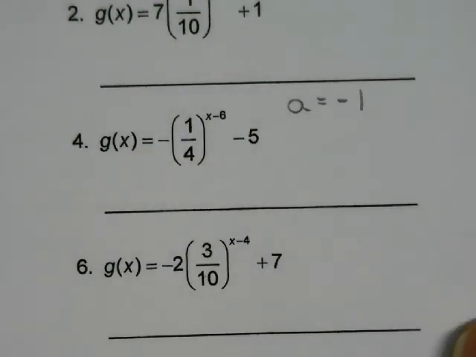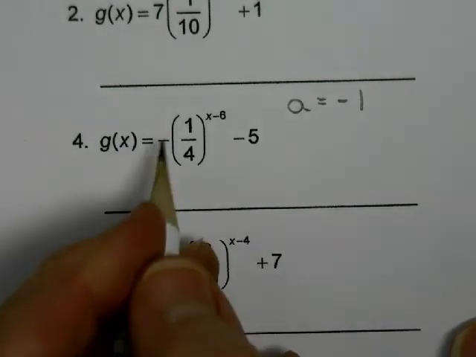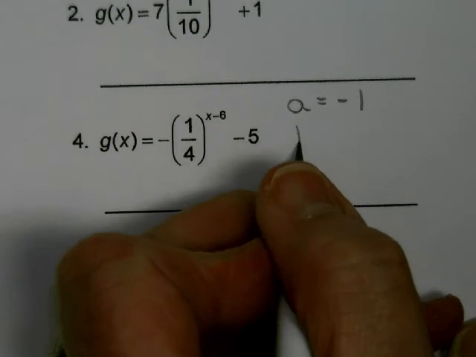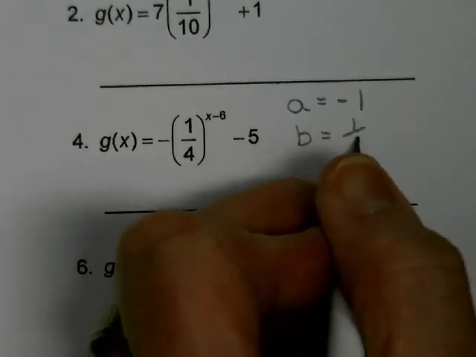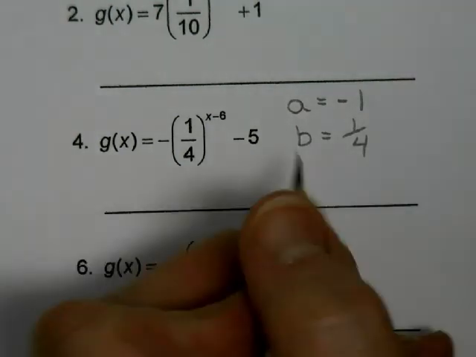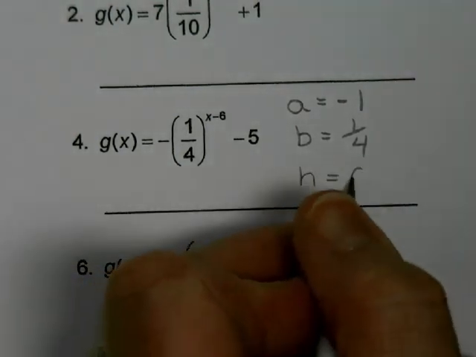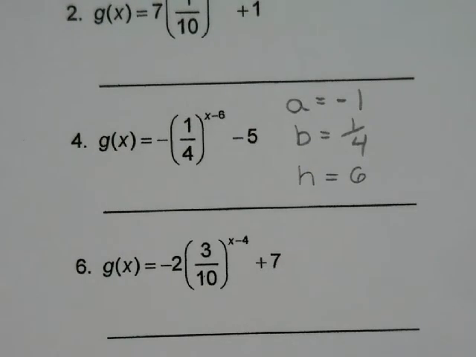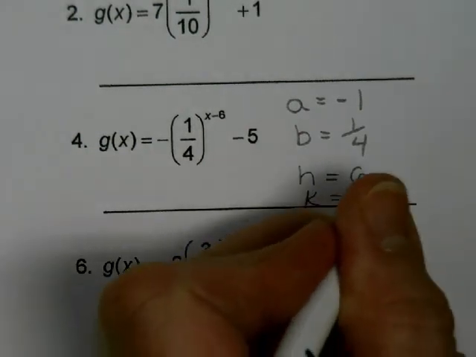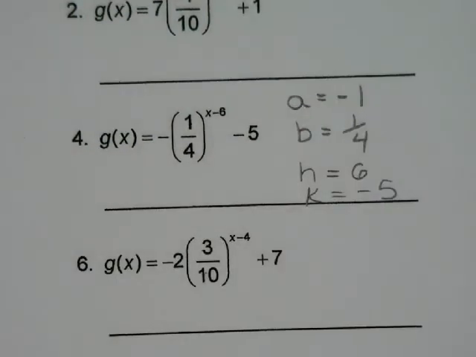Okay, I'm not going to color. I'm just going to write their values. A is -1. There's no number in front. There's a negative. The multiplier is -1. B is 1/4. H is 6. Look crazy up here. And K is -5.